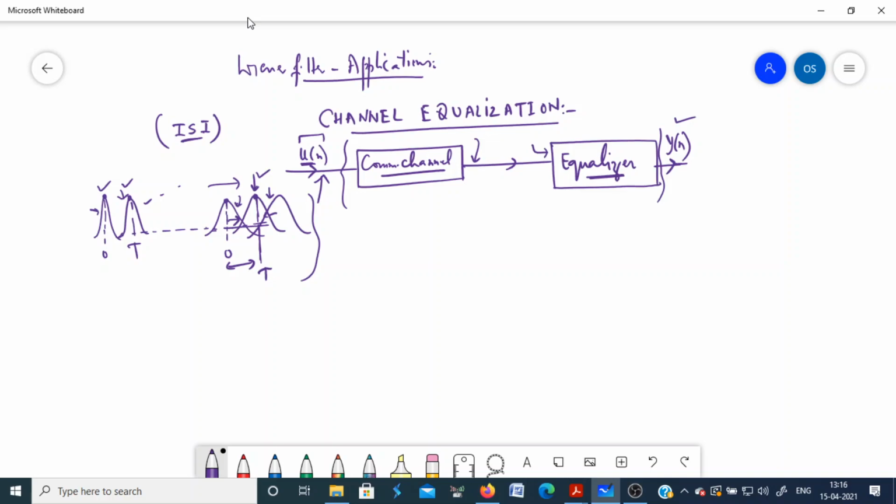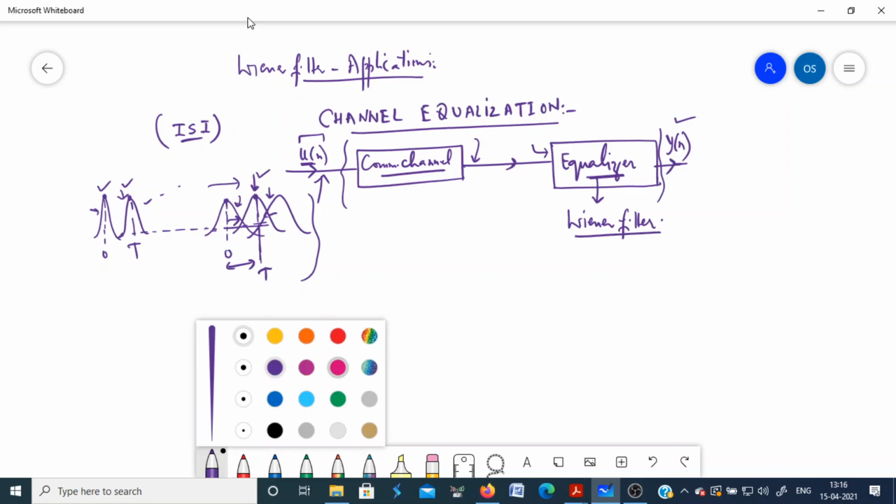Using the Wiener filtering. If I model this equalizer as a Wiener filter, okay, so this equalizer is basically nothing but a Wiener filter with some filter coefficients. So I have one input sequence to this equalizer, which is the output of this communication channel.